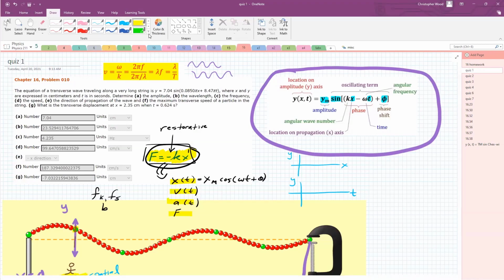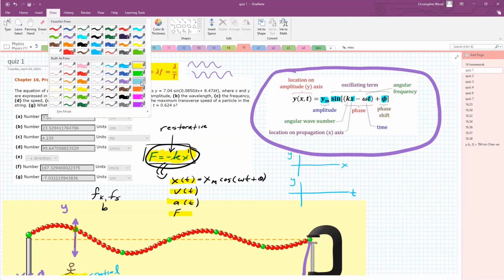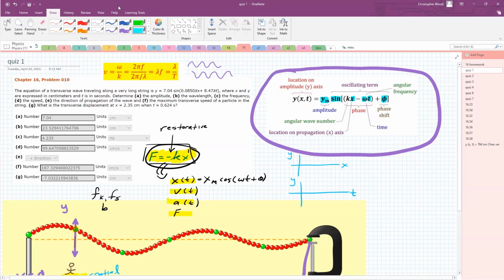So the other thing that you've seen before is omega. You've seen omega before because of the birth of a radian, which says theta is defined as arc length over radius, which means I can say s equals r theta. If I divide both sides by time, I can say v equals r omega.